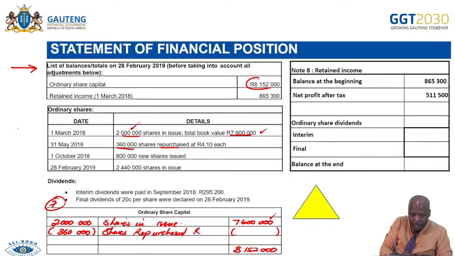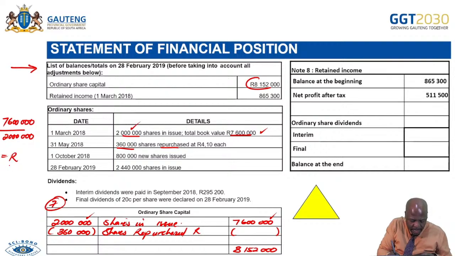We say 7.6 million, then we divide it by 2 million. 7.6 divided by 2 million. How much is the average price? I need calculators, please. How much will you get? You get 3 Rand 80.